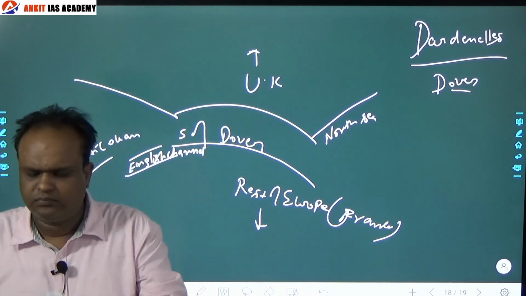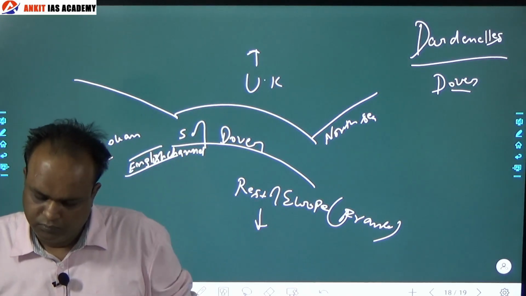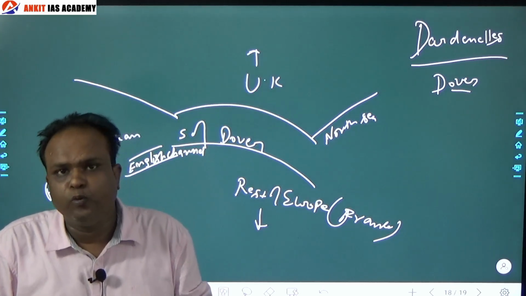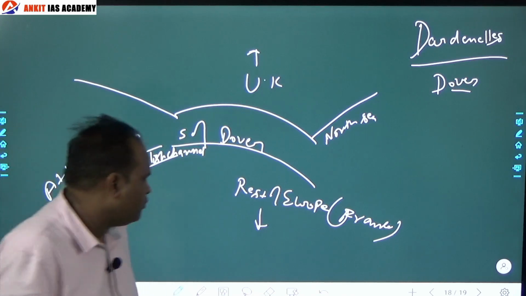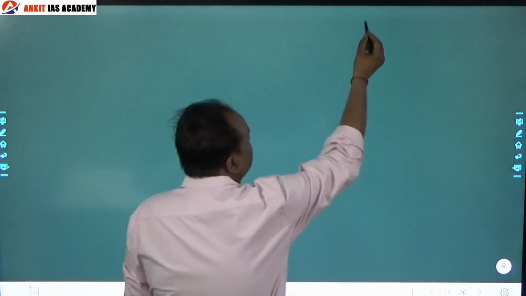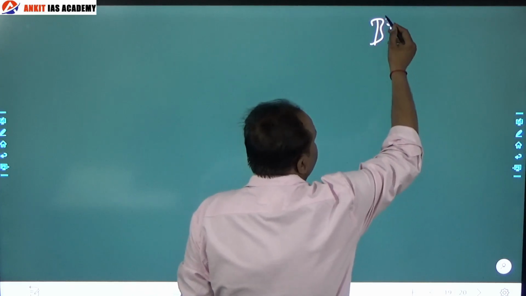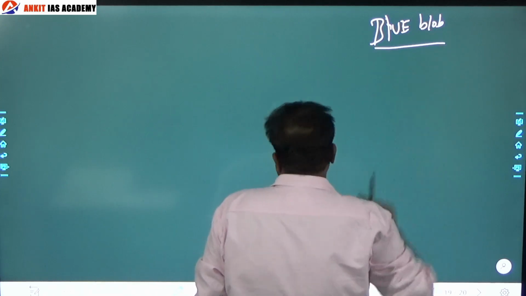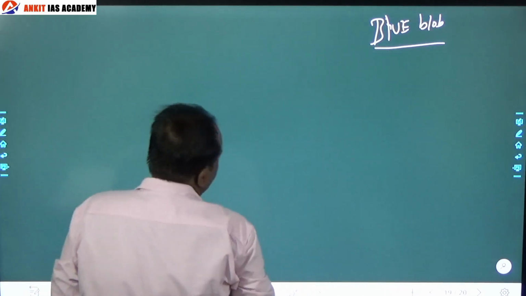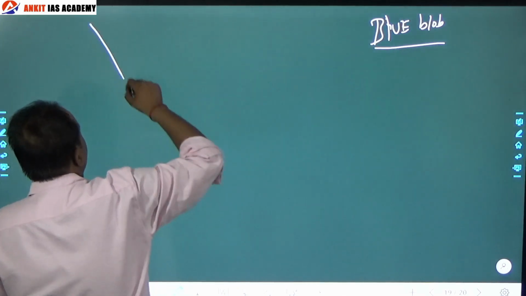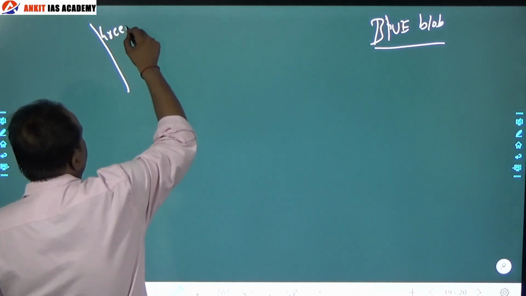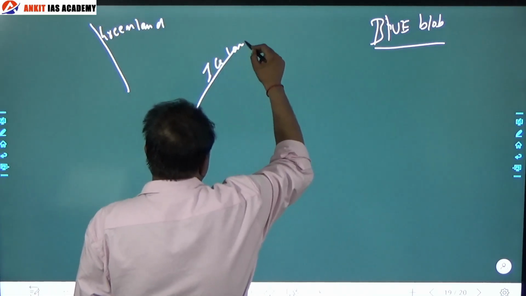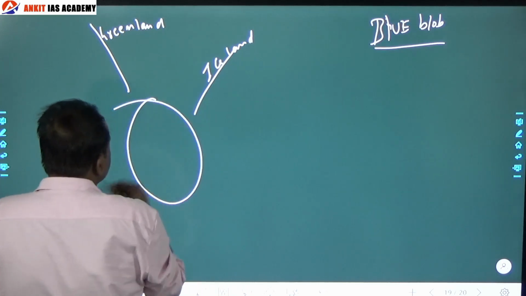Then next heading is Blue Blob. It is located to the south of Iceland and Greenland.